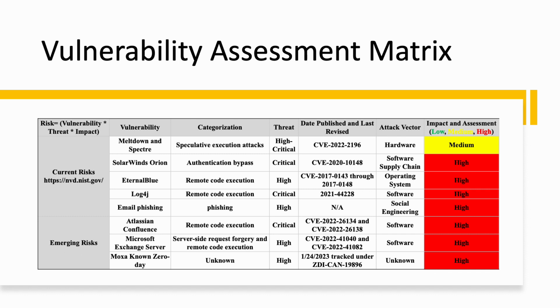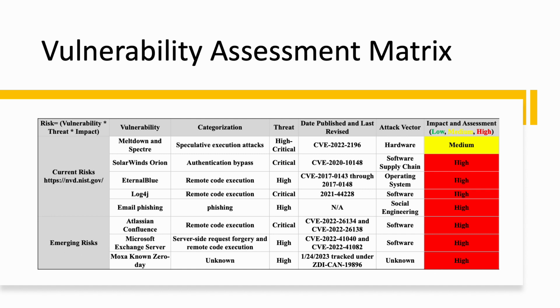For the current risks in our environment, we are susceptible to Meltdown and Spectre. The threat for that is pretty critical, but the impact would be medium compared to the rest of the risks within our environment.